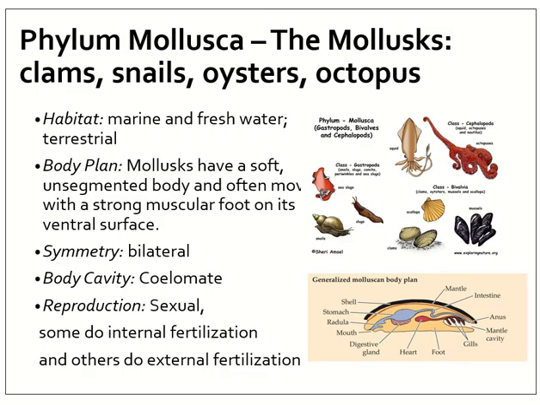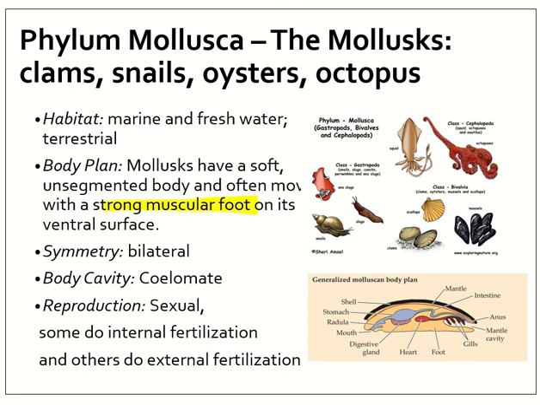The next phylum is the mollusks. This is where you're looking at your clams, mussels, scallops, octopuses, squids, snails, slugs, things like that. They can be found in a variety of habitats: marine, freshwater, and on land. They have a strong muscular foot, and that's how a lot of them are able to move.